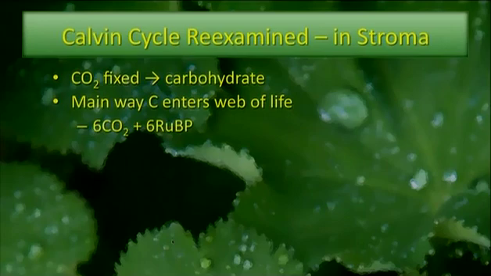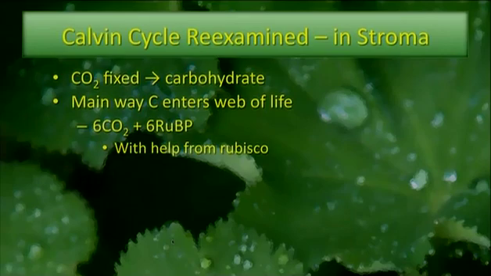Six carbon dioxides join with six RuBPs, ribulose bisphosphate, the 5-carbon sugar. That's facilitated with the help from Rubisco, which is an enzyme. Rubisco is an acronym for ribulose bisphosphate carboxylase oxygenase.